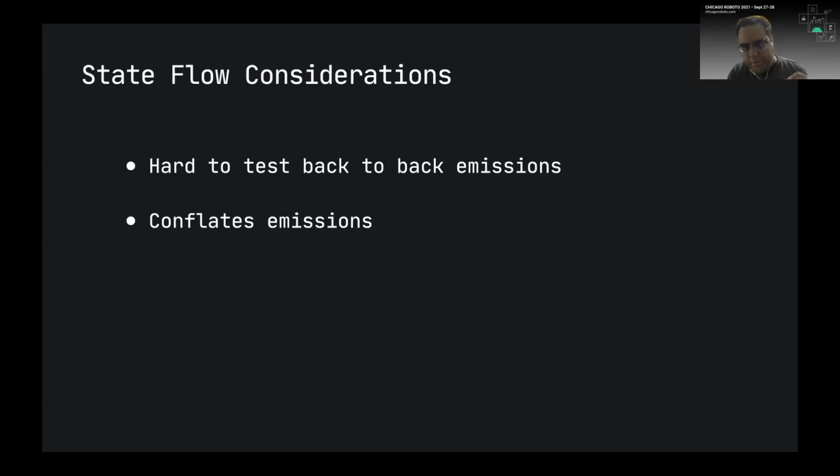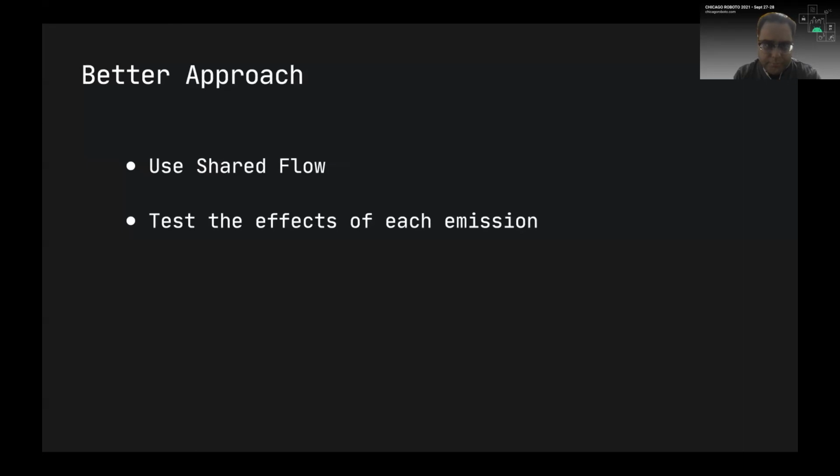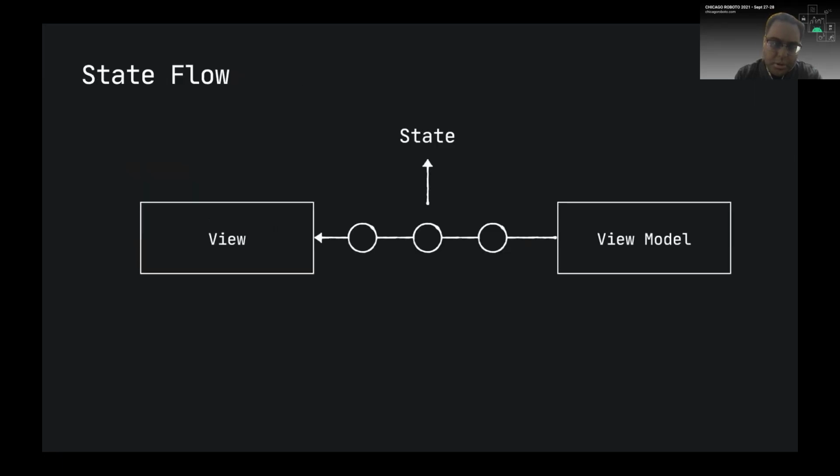I want to be able to handle the effects of each emission that happens from the repository layer. So that's why I don't use a state flow. I personally go with the approach of using a channel. I'll show you when we talk about shared flows how to implement that fake repository using a shared flow.